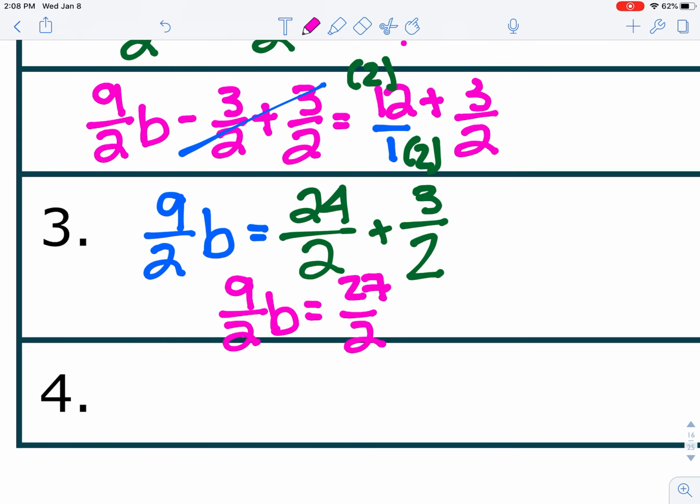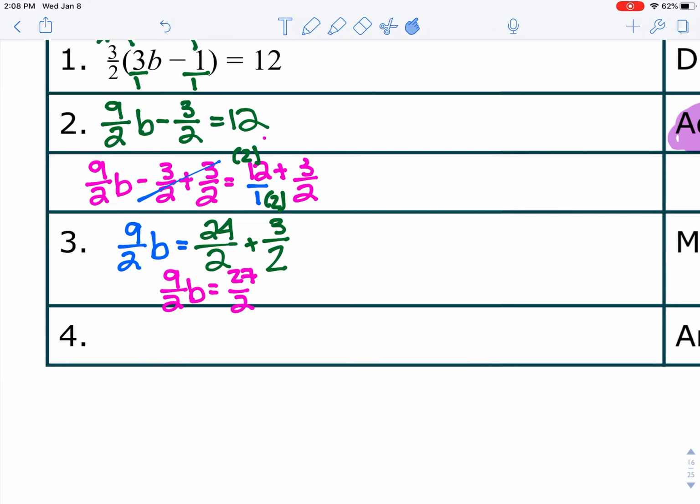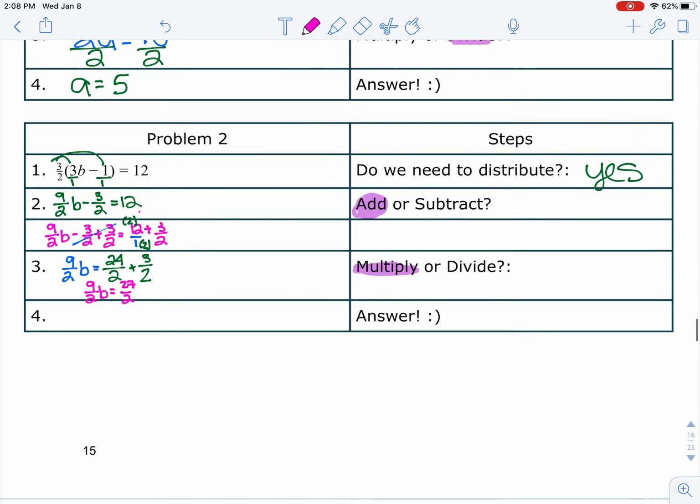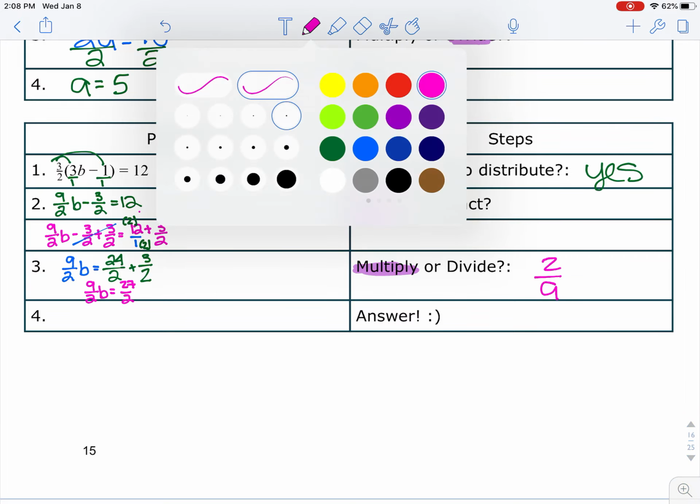Now I'm trying to get rid of that 9/2. Remember from our one-step equations day, we have a fraction in front, so we have to multiply by that reciprocal. Remember, the reciprocal is just flipping that fraction, so we want to multiply both sides by 2 over 9.